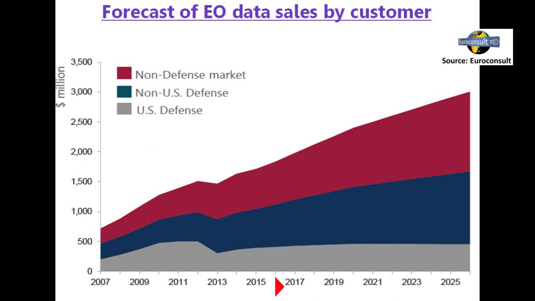So new countries such as Morocco launching EO satellites for defense, or other countries, but also current countries such as European countries having more capabilities. And then we see here that we go from more or less 20-25% on non-defense market, commercial market, to something more like 35%.